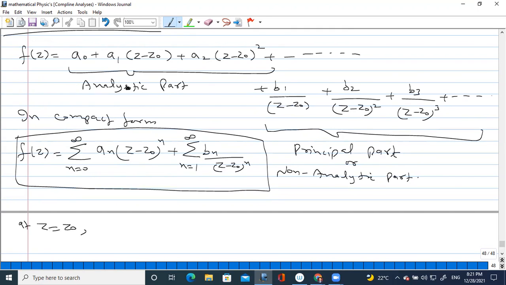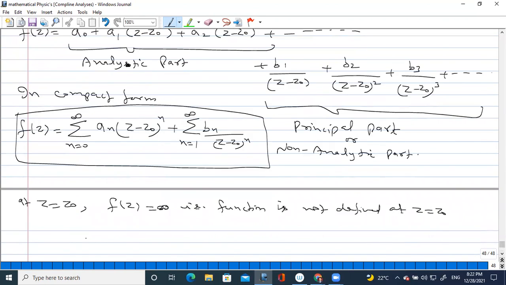So b1 divided by 0 will become infinity, and whatever you add to infinity will be infinity only. So then f(z) is infinity, that is, the function is not defined at z equal to z0, and so it is named as singularity.